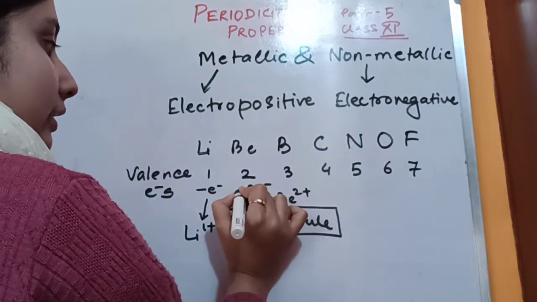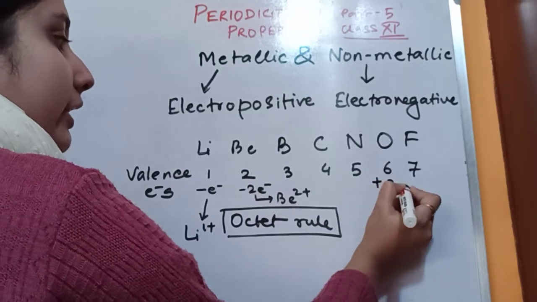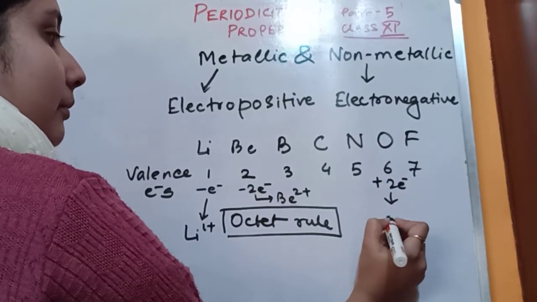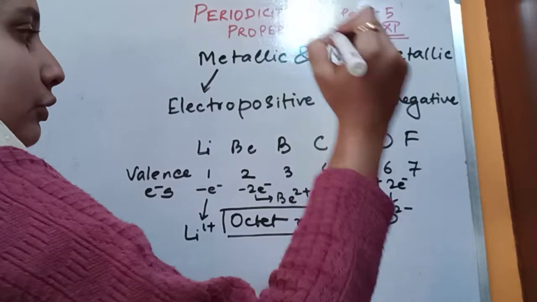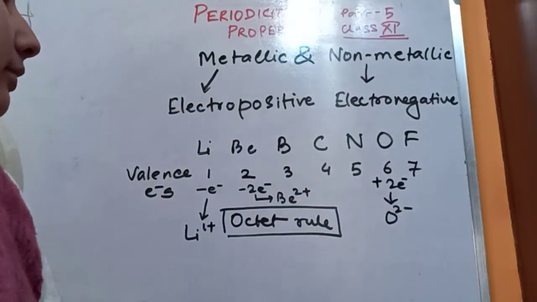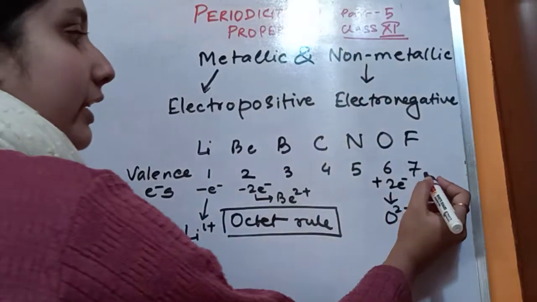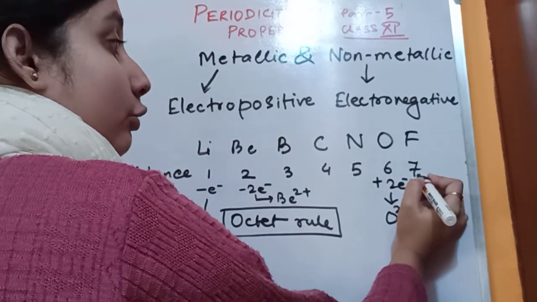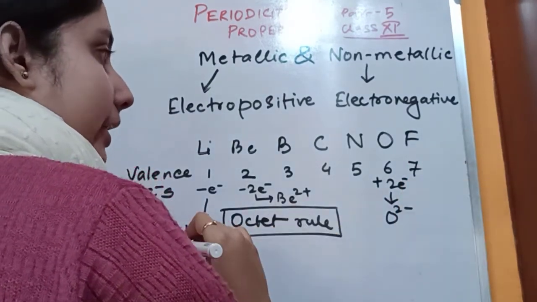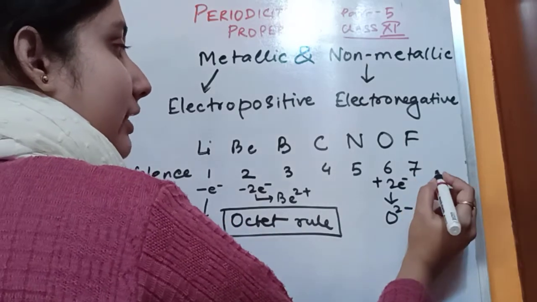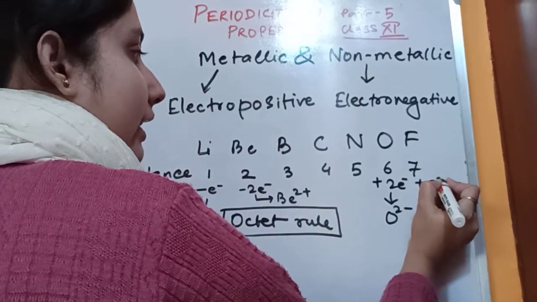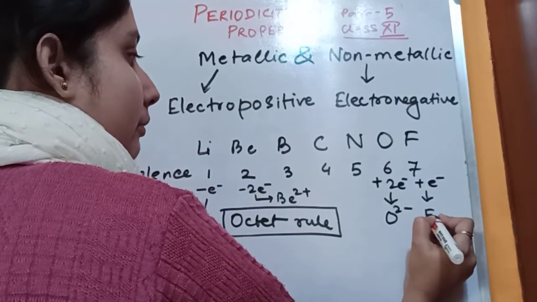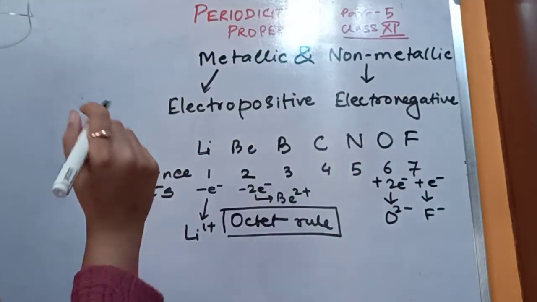It will gain 2 electrons to become O2-. Fluorine has 7 outermost electrons. Will it lose all 7 electrons to attain octet? It won't. It will just gain 1 electron to form F-.